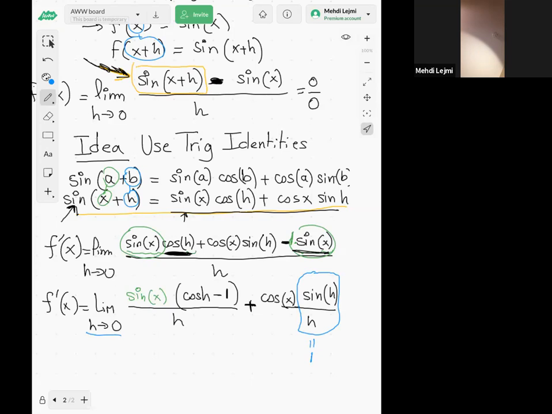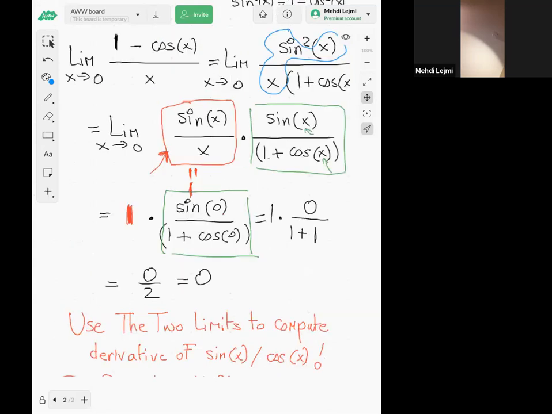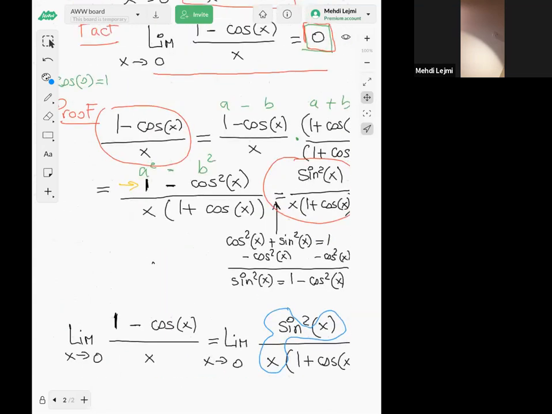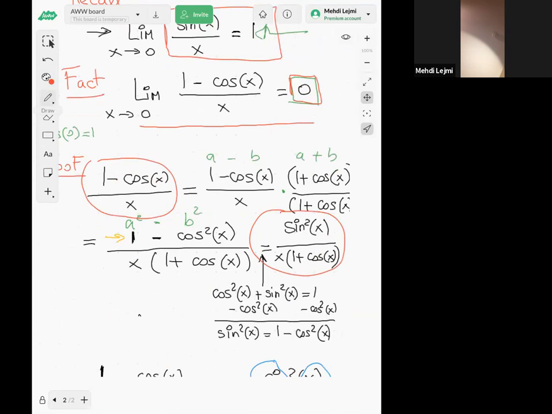Now, what about this cosine of h minus 1 over h? We have this fact here: we said that 1 minus cosine of x over x, as x goes to 0, has limit 0, right?